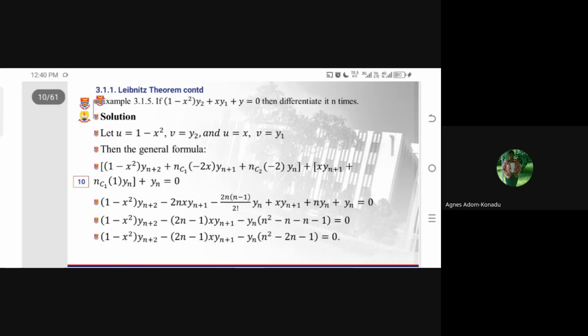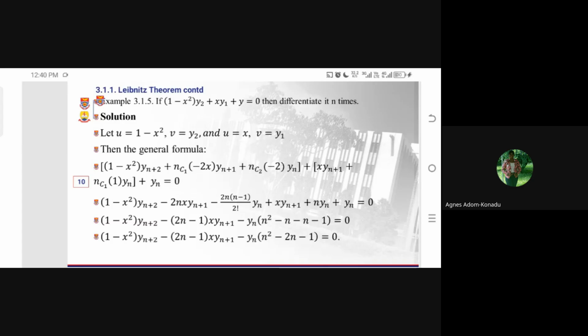So for our example, madam, go to the example. For the example given, we treat the first term as a differentiable function. In the note it says to choose your u such that after a few derivatives, it gets to 0.